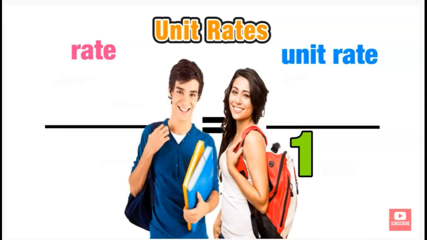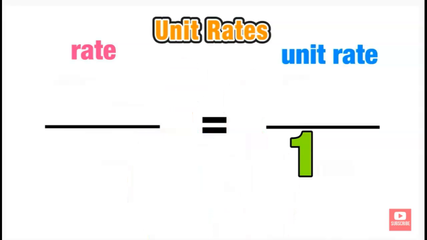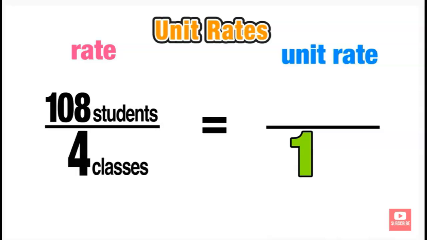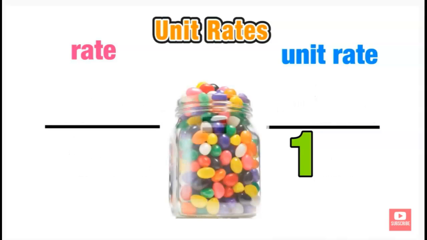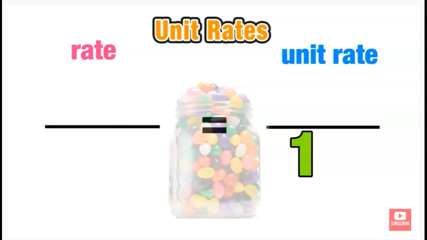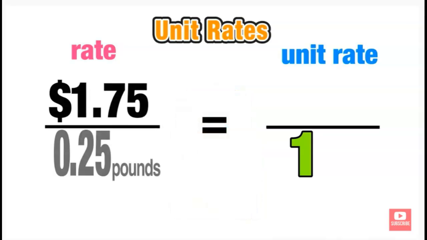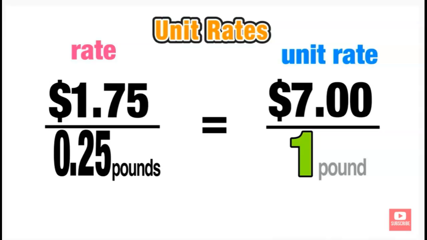In our classroom example, we had 108 students in 4 total classes, which was equivalent to 27 students per 1 class. And in our jelly bean example, we had an original rate of $1.75 per 1/4 pound of jelly beans, which was equivalent to $7 for 1 pound of jelly beans. Seriously, do not eat 1 pound of jelly beans.